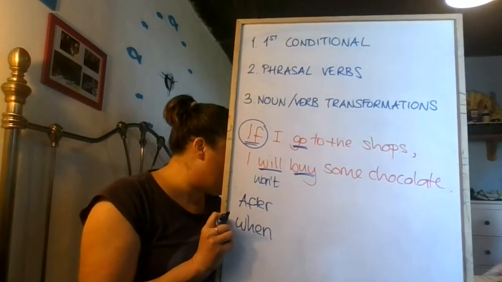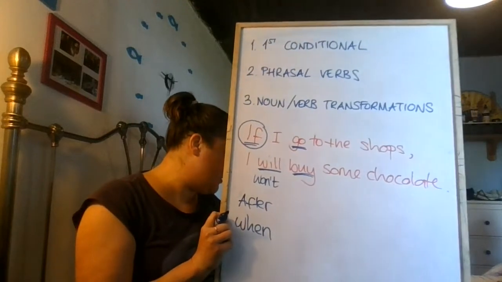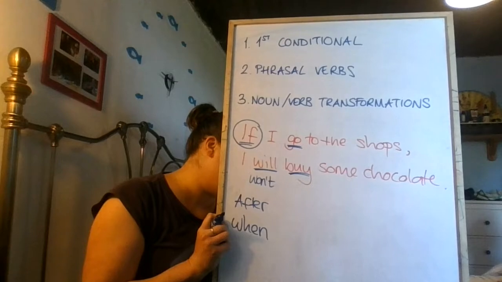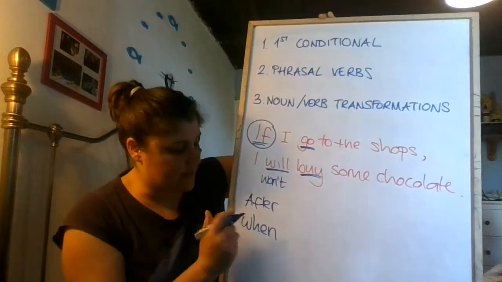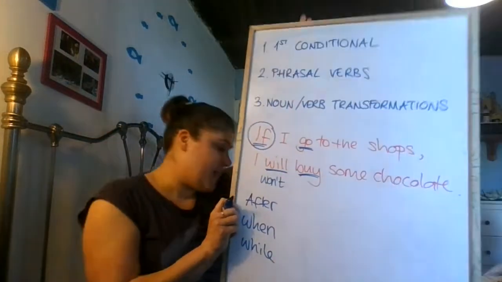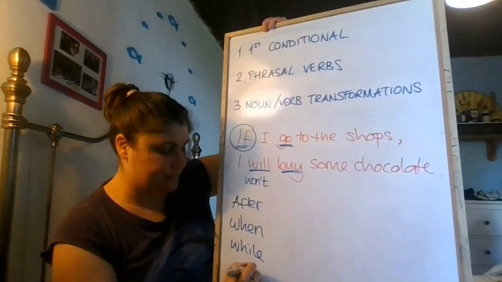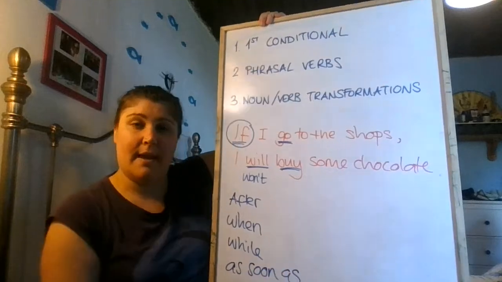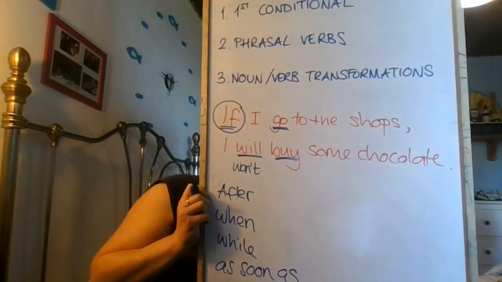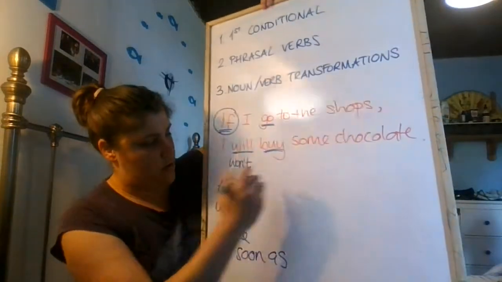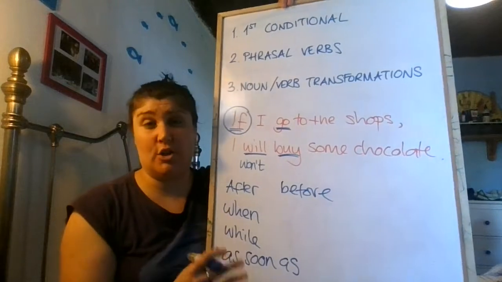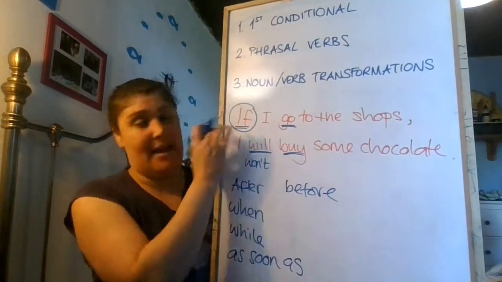If you have a look at page 71 in your book, you'll see the different ones there are. There was also while, as soon as. Okay, can you see that? As soon as. Any others? When, and before. So all of these we can use instead of if.